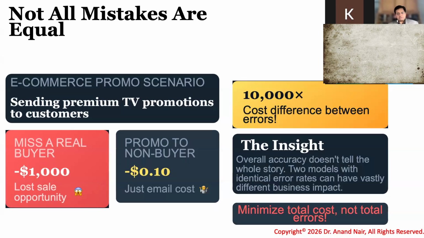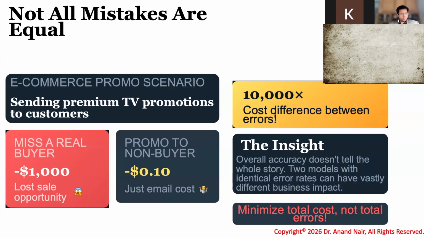Which kind of model would you rather have? Obviously, it will be model B, because in model B, what we are losing is just some money on the email, but we are at least capturing all the potential customers. Model A, on the other hand, is losing us customers, potential buyers. And the business impact of these two models is quite different, even though if you look at it from a purely accuracy point of view, both would be 95% accurate.